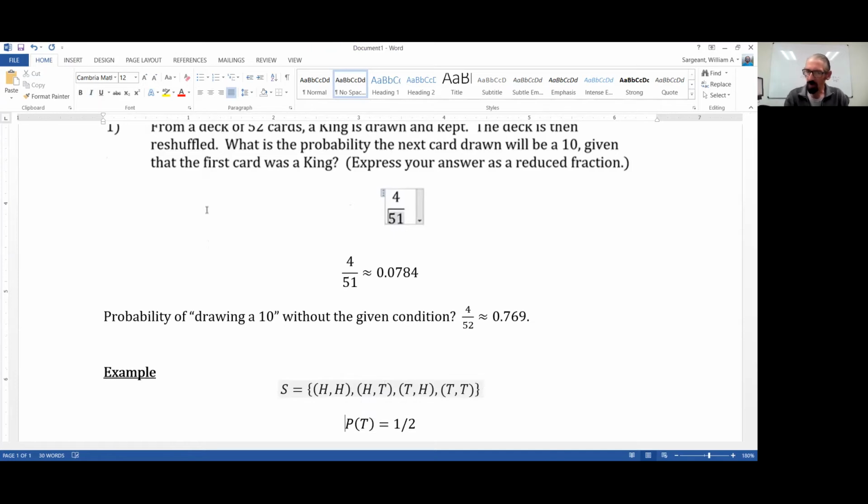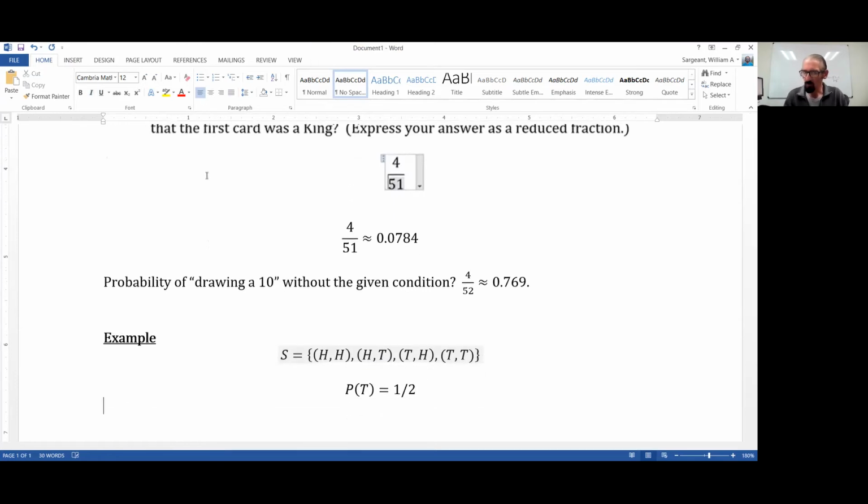It doesn't really matter how I phrase the next part of this. Suppose I asked, what was the probability of tails on the second, given that the first was tails? So second is a tail, given that the first was a tail.